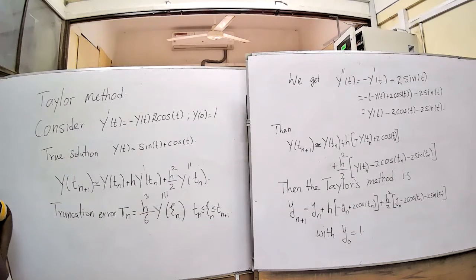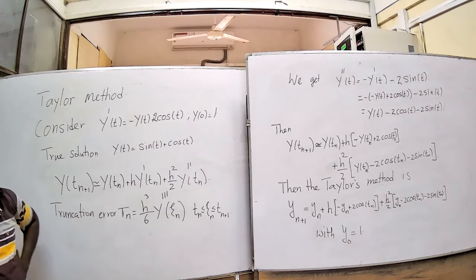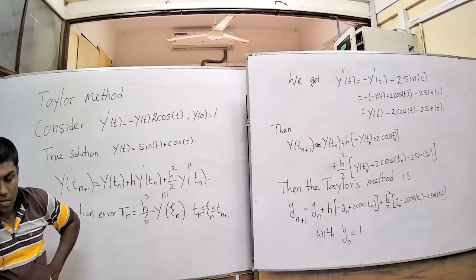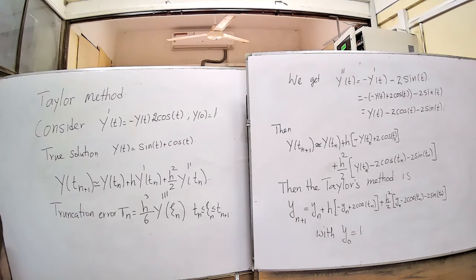If you know the true solution, then you can derive the formula. Not necessarily the true solution, but you can always derive the formula by using this. So that is how you get the Taylor's method. Now this is how you derive the Taylor's method.